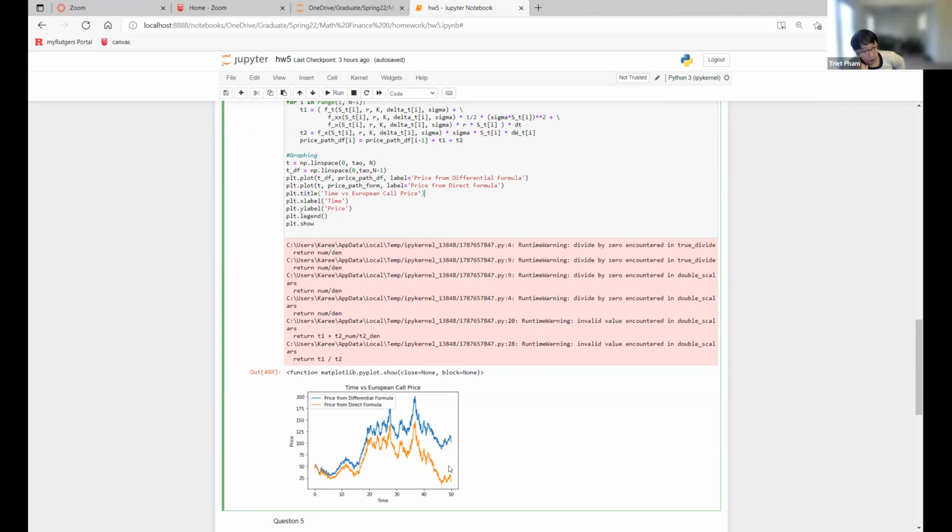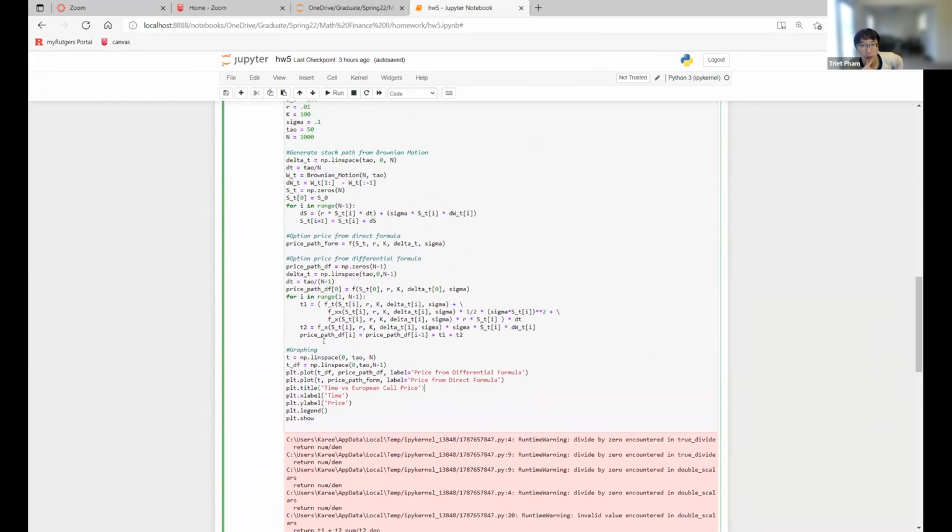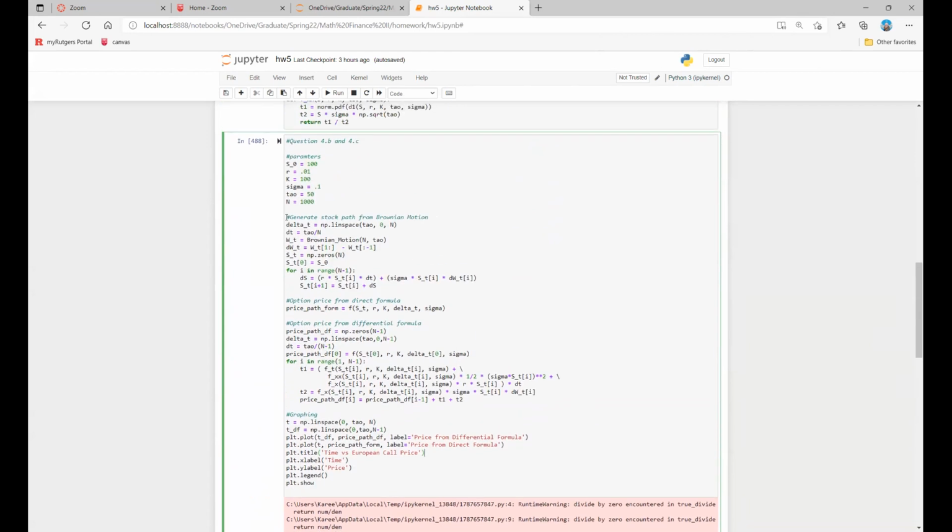Now, for the differential formula, you have to be careful: the left point and the right point might matter. Sometimes you may accidentally use the right point without knowing it. That's one thing I can think of. So go back to your differential formula. How do you do it? S is S underscore T, that I just generated from here.